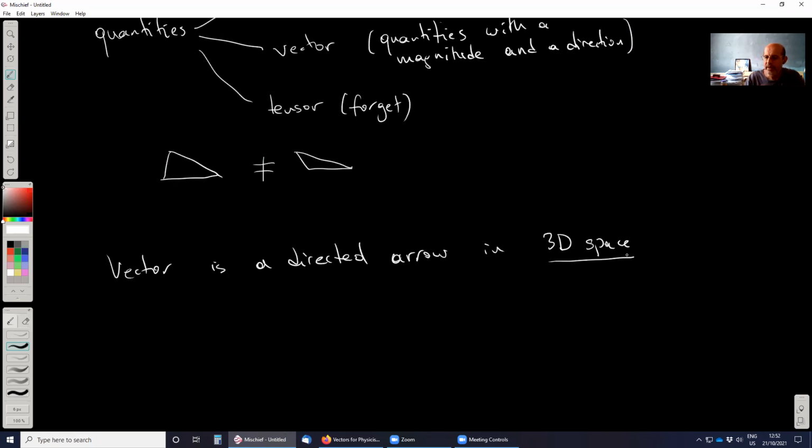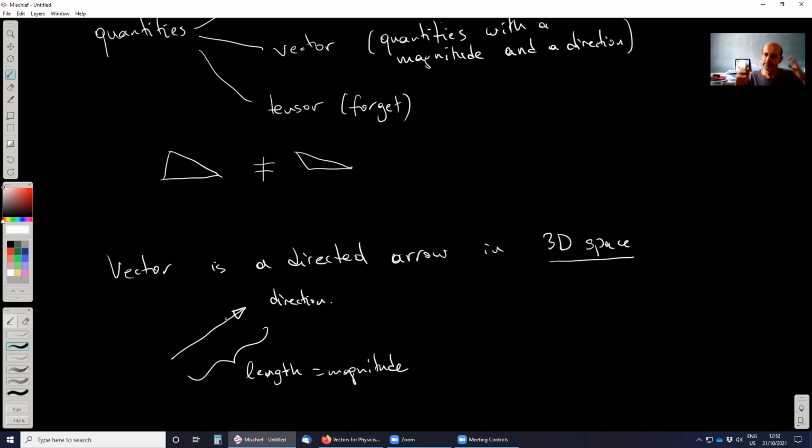But in this course, whenever we say a vector, we're talking about this particular space, and it's just an arrow in that space. So this arrow has a length. The length is the magnitude. And there's also the direction of that arrow, right?